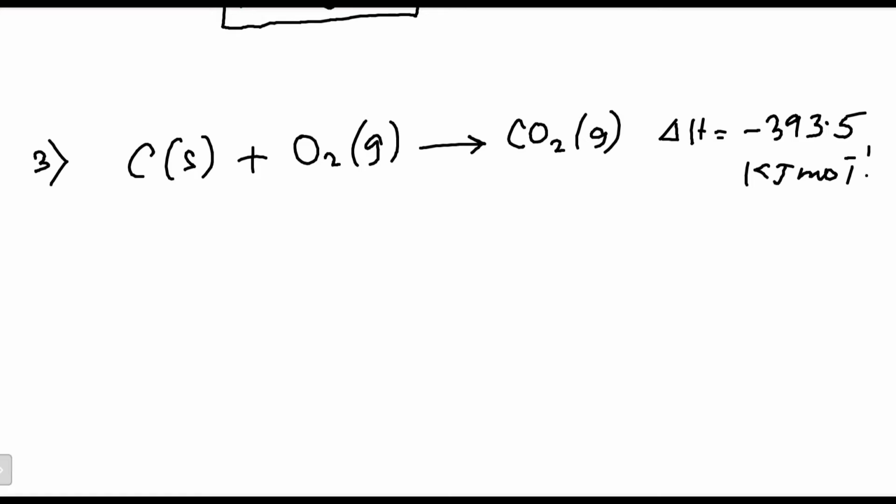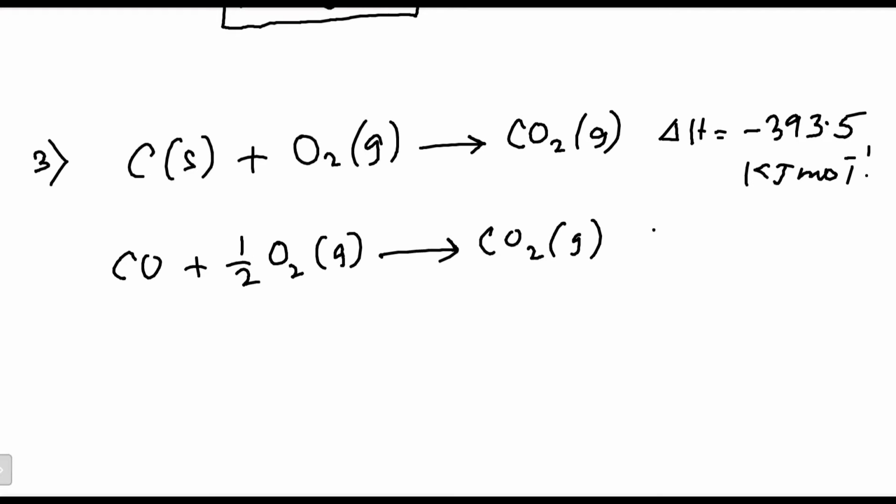Next, the combustion reaction for carbon monoxide: CO plus half O2 gives CO2 again, and its delta H is minus 283.5 kilojoule per mole.